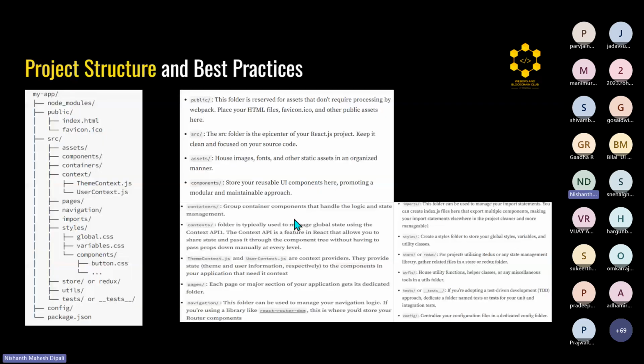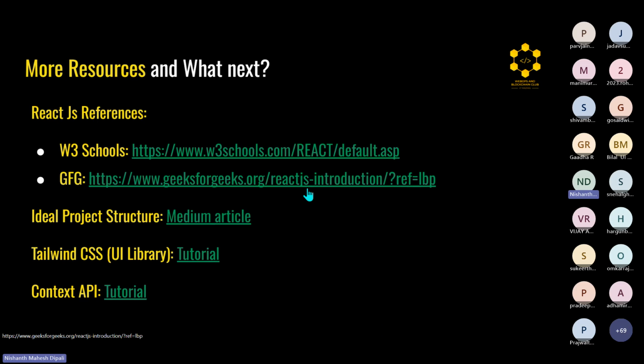This ideal project structure, I got it from a Medium article. I've linked it there. And I think I've explained Tailwind CSS pretty much. If you still have some doubt, you can go through the official docs. And Context API is obviously the state management tool. It is provided by React. You don't have to install it again.